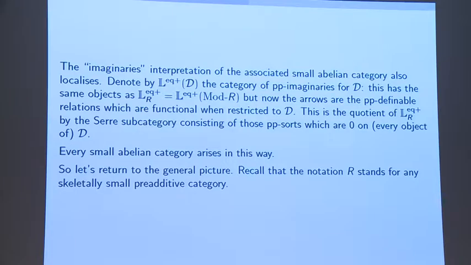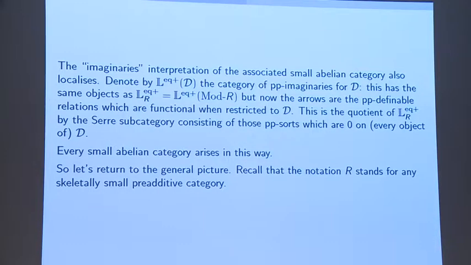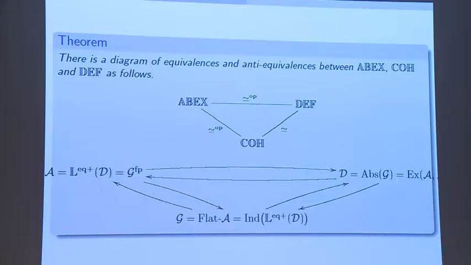So you get more functions. So that's your localization, your category of imaginaries for the definable subcategory D. And as I said, every small abelian category arises in this way. Right, so that's the general picture again.